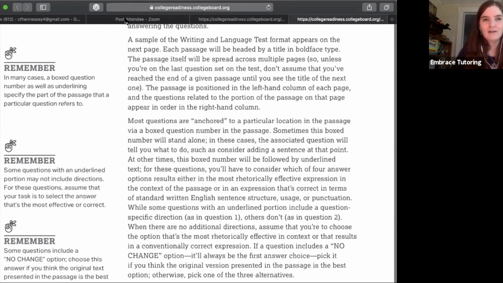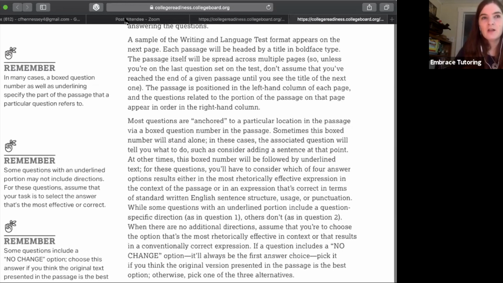It's by an exceptional author, it has plenty of evidence to support its claim, and it's very clear and concise, at least depending on the text you're looking at. But those considerations come into play here because the passages in the writing and language test can be confusing.